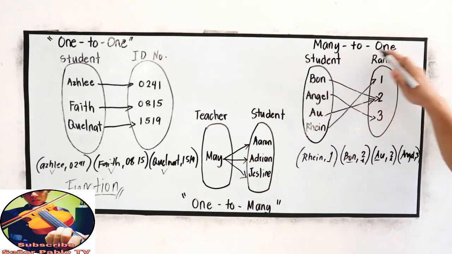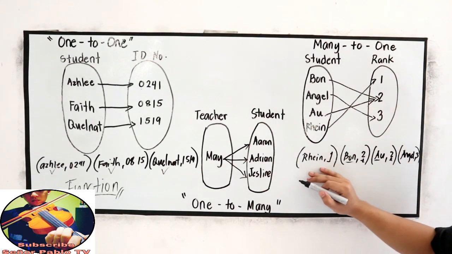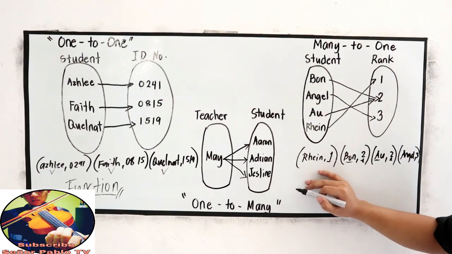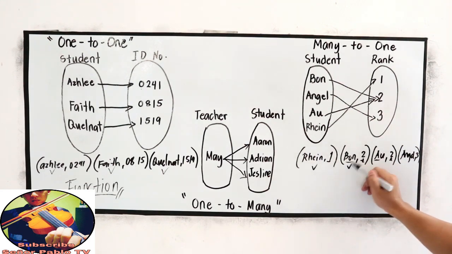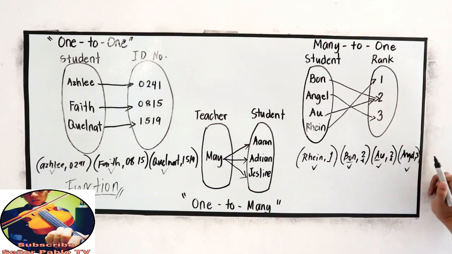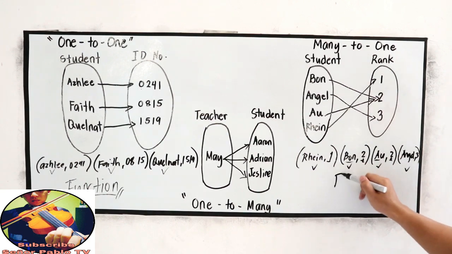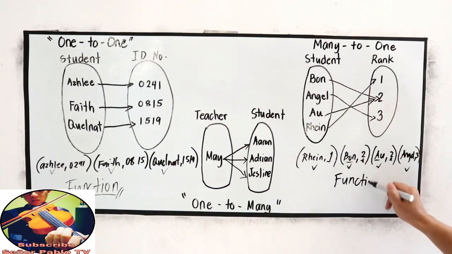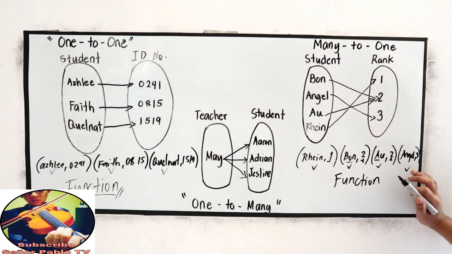How about many-to-one correspondence? Let's check the domain or the abscissa. Rain, Bon, AU, and Angel. Function or not? It is a function. Why? Because no x coordinate is repeated.